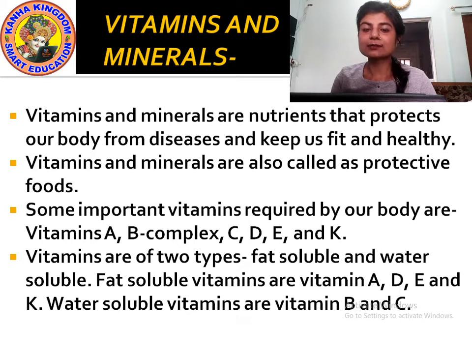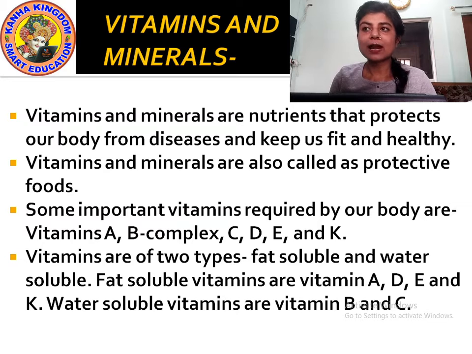Some vitamins are water soluble, which means they get mixed up with the blood and the urine in our body. That is why vitamins are divided into two types, fat soluble and water soluble.